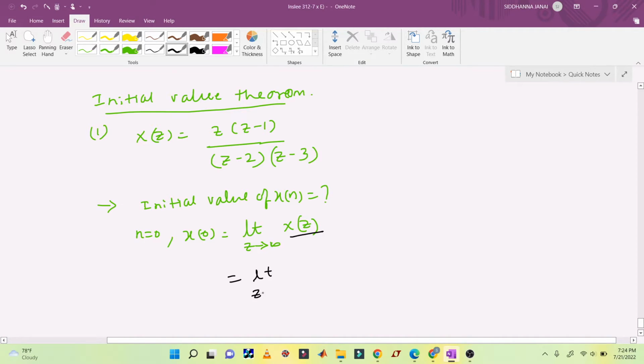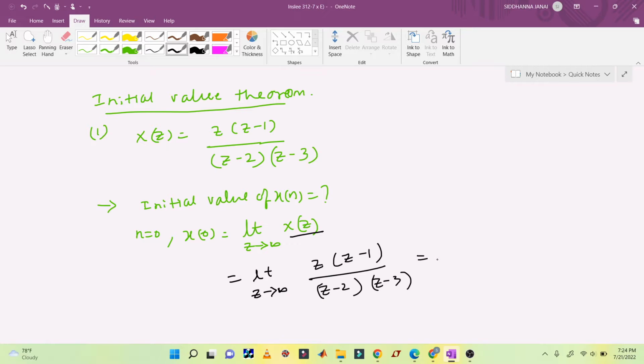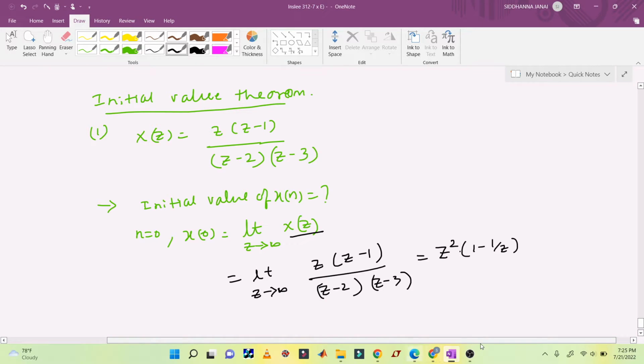Let us put that in this equation: z into z minus 1 divided by z minus 2 multiplied by z minus 3. These kinds of problems you have solved in limits, right? So what is the answer? I hope you will directly give me the answer before I give the answer here. You need to take z as common, right? So you will get z square 1 minus 1 by z.